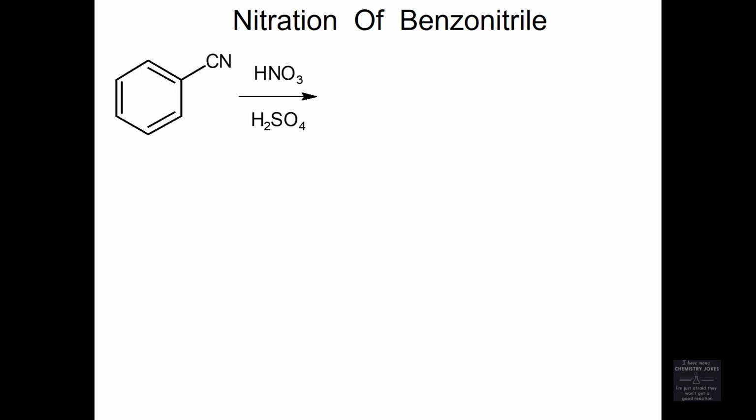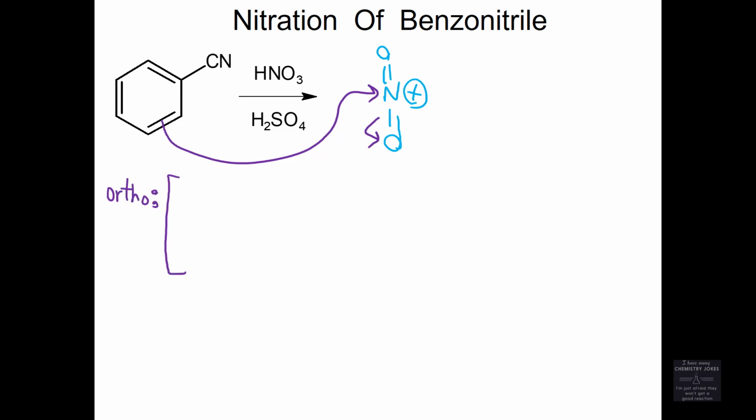I'm going to avoid drawing the formation of the electrophile because all these reactions that we've drawn are nitration. Why are we drawing nitration? Well, we're drawing that one again and again, not so that we can draw only one type, but because these all undergo electrophilic aromatic substitution.